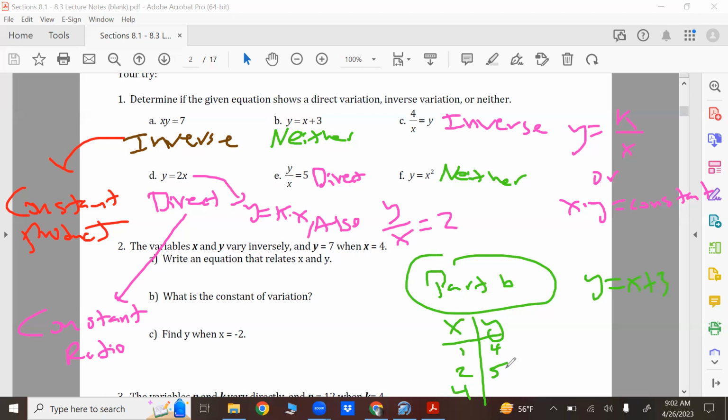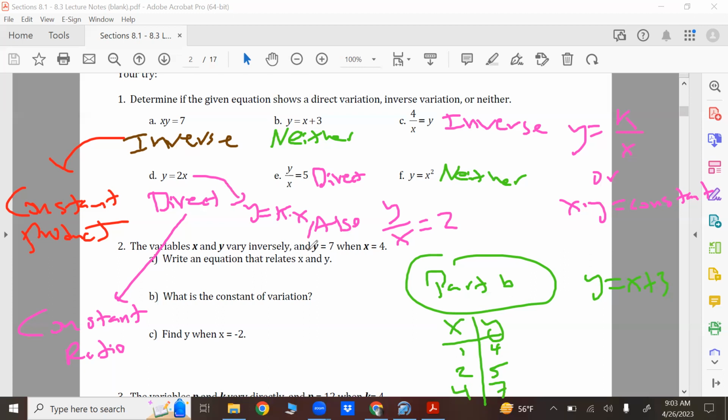What's y going to be when x is 4? Okay, now compare. What's the ratio in the first grouping? 1 to 4. What's the ratio in the second grouping? Not the same ratio, right? What's the ratio in the third grouping? Not the same ratio. Let's look at the product. What's 1 times 4? 4. What's 2 times 5? 10. 4 times 7, 28. Also not the same. That's why it's neither. Even though it's linear, the plus 3 throws it off a little bit.